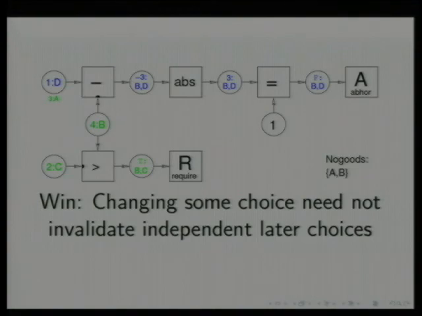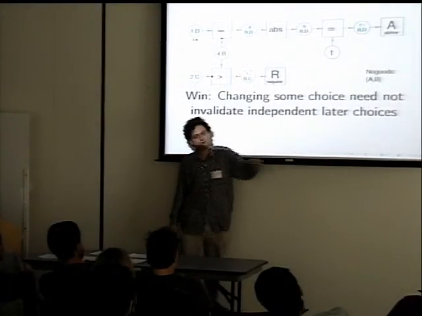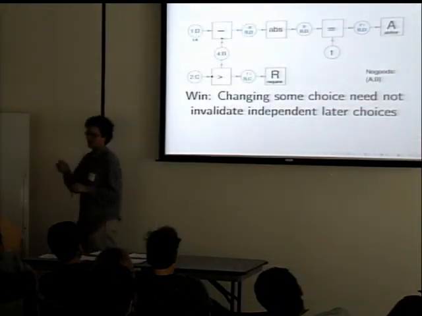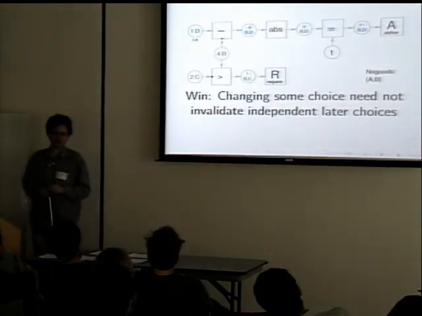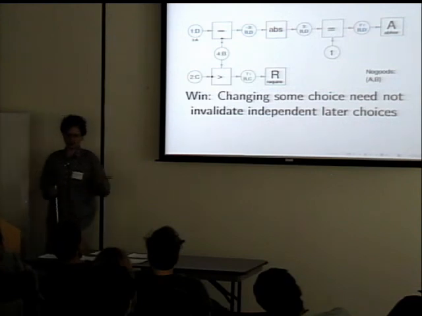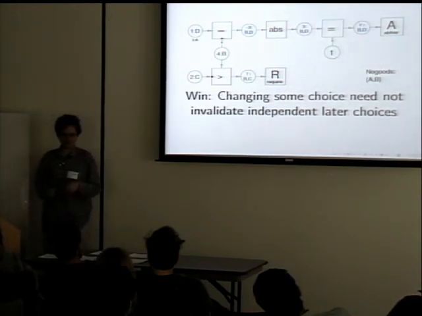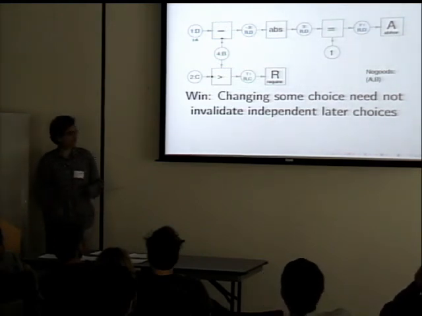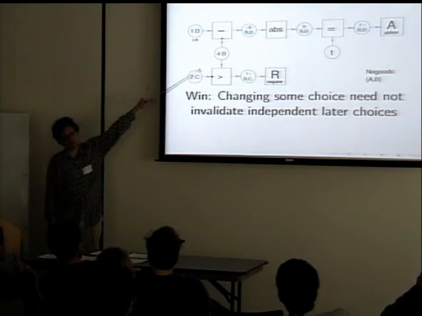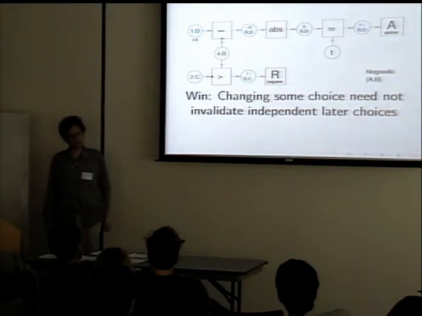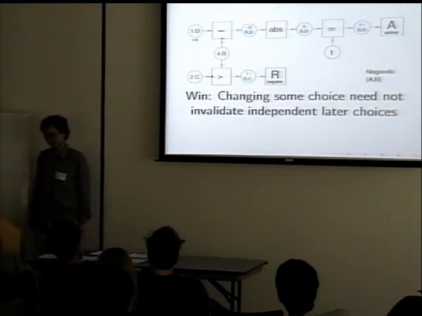And this sort of remembering the no-goods, if the things that make the choices are aware of what the no-goods that have been discovered so far are, then they can avoid making a choice that is already known to cause a problem. So for instance, if we later decide to disbelieve B and then rebelieve A, and then the B chooser is choosing again, it can look at that no-good and say, well, no, B is not a good thing. We should do something else.